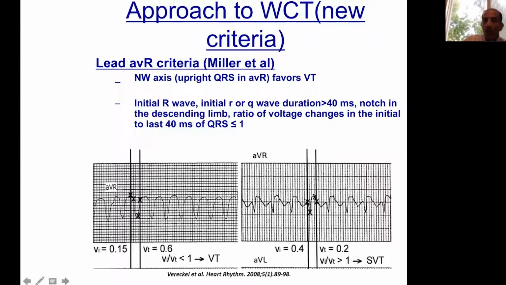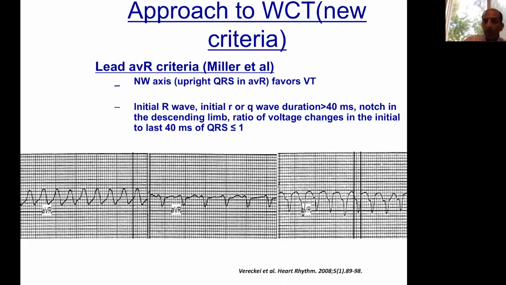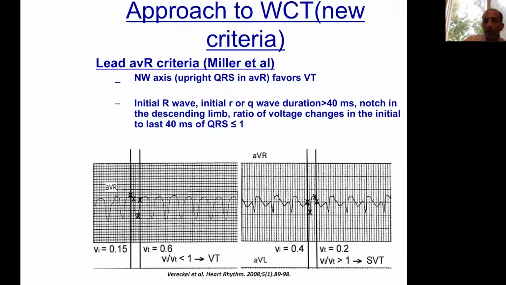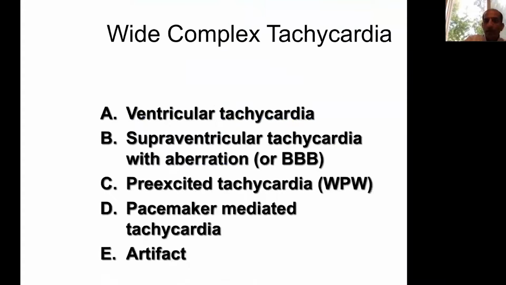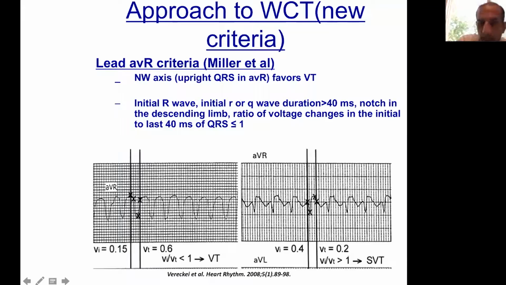So there are different ways to approach wide complex tachycardia. There are different algorithms. This is one of the criteria that I've given you over here, which is called the aVR criteria, and you have a reference attached to that.